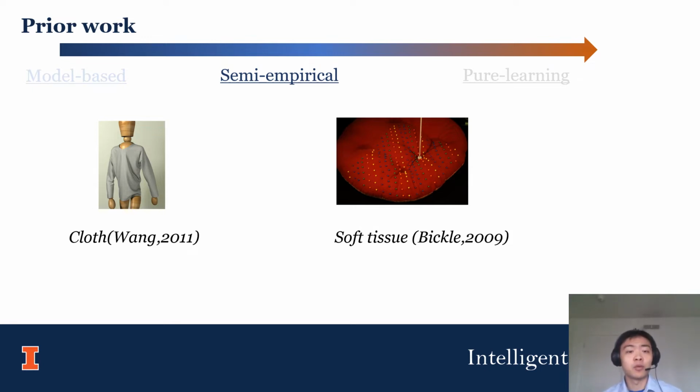Wong et al. built a model of cloth using a collection of nodes whose interaction forces between these nodes are learned using data. A similar approach is applied to learning how soft tissues react to external forces.